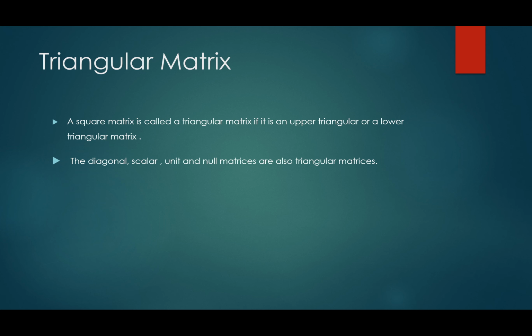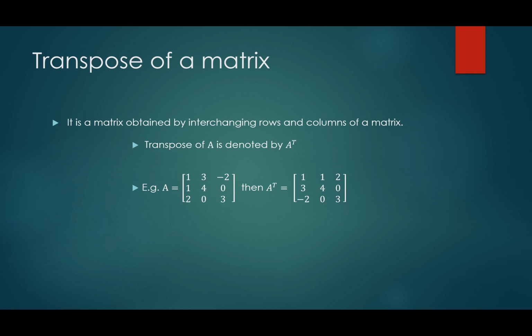A square matrix is called a triangular matrix if it is upper triangular or lower triangular, means any one of them. If any one of them is possible, it is simply called a triangular matrix. The very important part: diagonal matrix, scalar matrix, unit matrix, null matrix, all these kinds of matrices are also examples of triangular matrices.